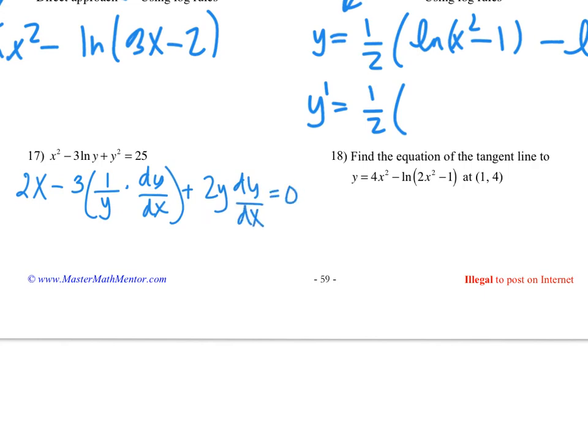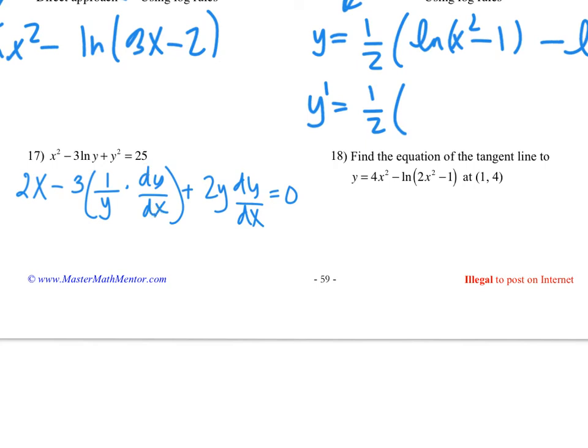Now let's go through this. I took the derivative of x squared to be 2x. I took out my constant coefficient of 3. I'm doing the derivative of ln y: 1 over y multiplied by the derivative of y with respect to x. 1 over u du, 1 over y times dy dx.